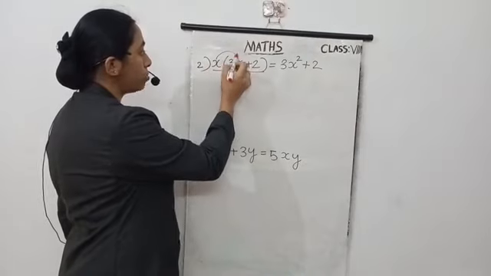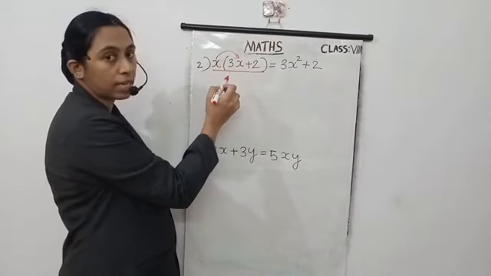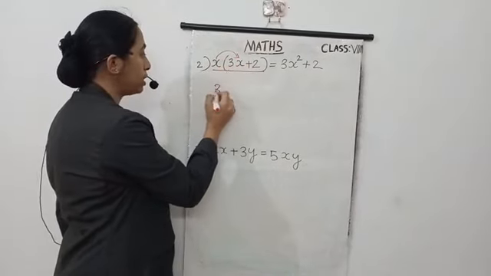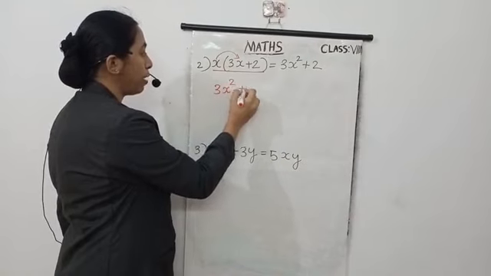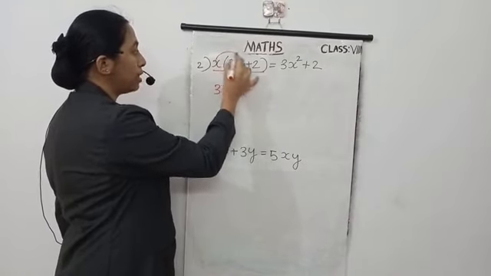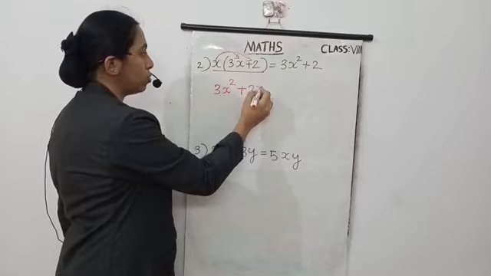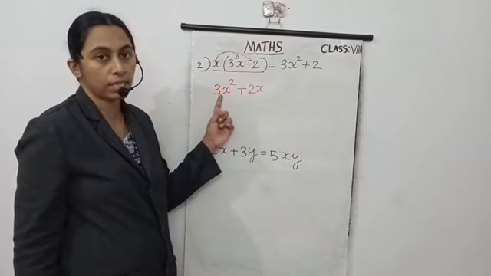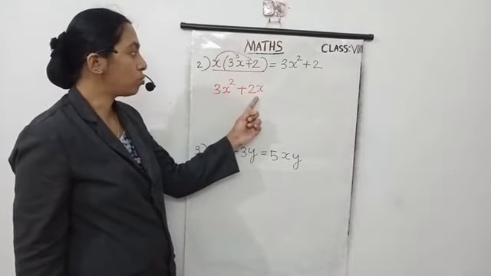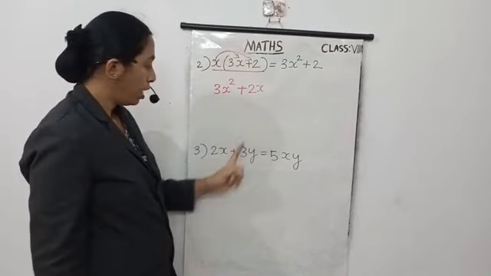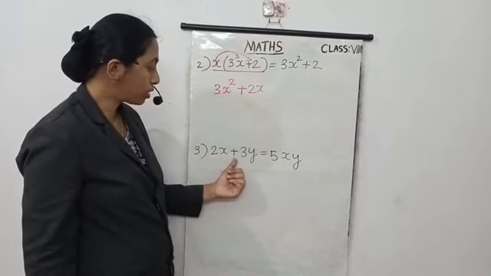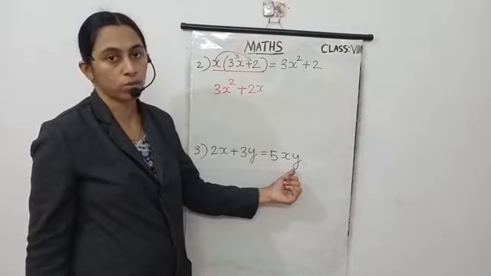So x into 3x, x into x, x square. So x into 3x is 3x square, plus x into 2 is 2x. So the correct answer is 3x square plus 2x. This is wrong.